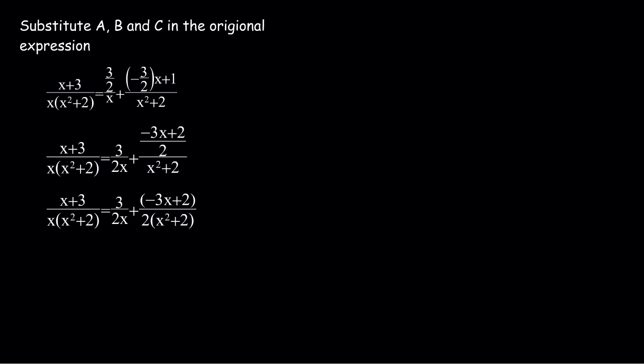We can also simplify our right hand side further, and our final solution would be (s + 3) / s(s² + 2) = 3/2s + (2 - 3s)/(2(s² + 2)).